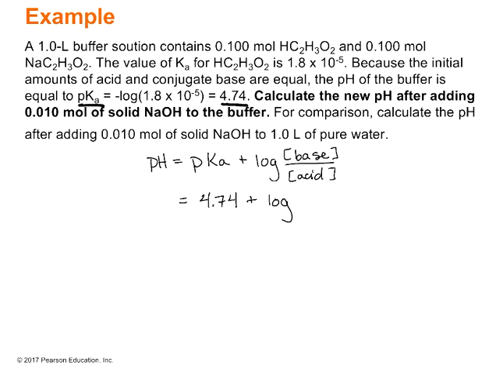But we said that there were 0.110 moles of base and 0.090 moles of acid. So if we plug that into our calculator, we should find that the final pH is 4.83.